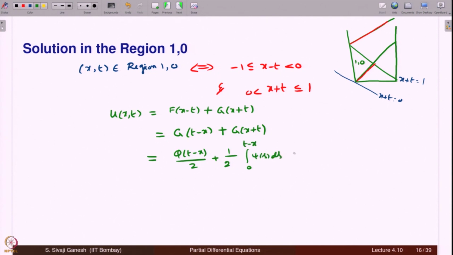This is g of t minus x. g of x plus t is phi of x plus t by 2 plus 1 by 2 integral 0 to x plus t psi s ds.